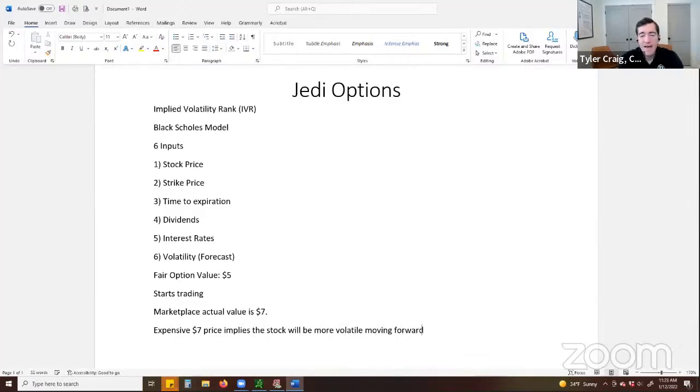In fact, the stock would have to be more volatile moving forward for this to be a fair price. So implied volatility is essentially how volatile the stock would have to be for options that you're buying right now to be fair, to be accurately priced.